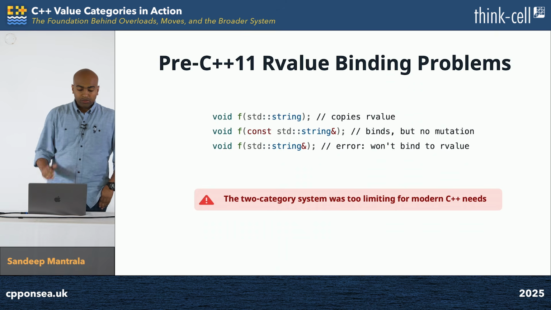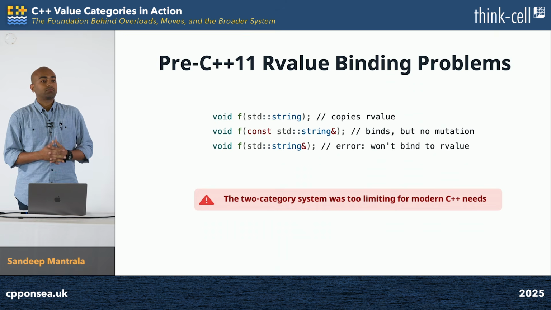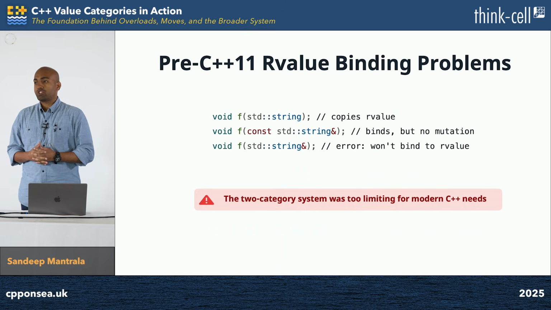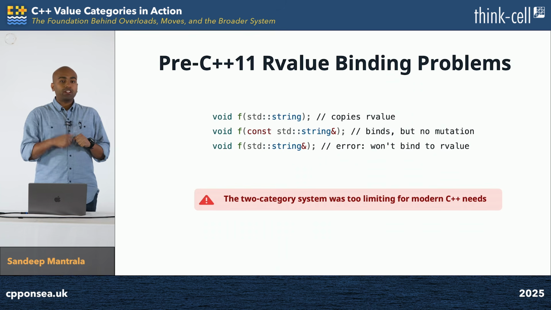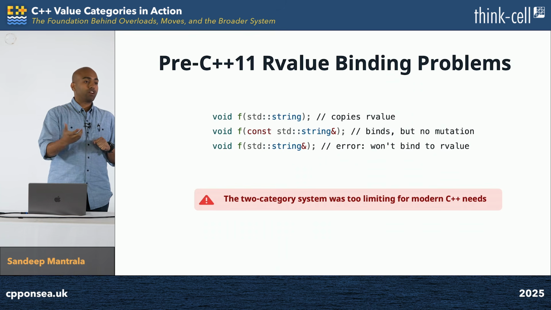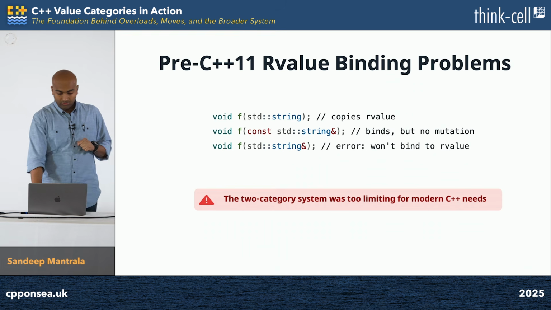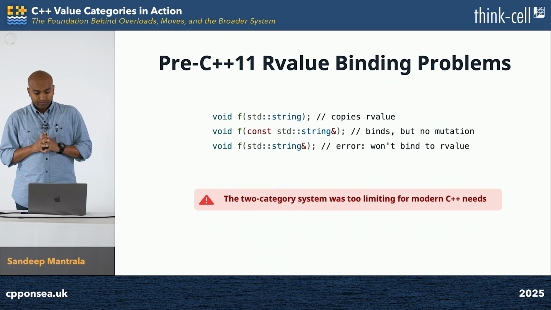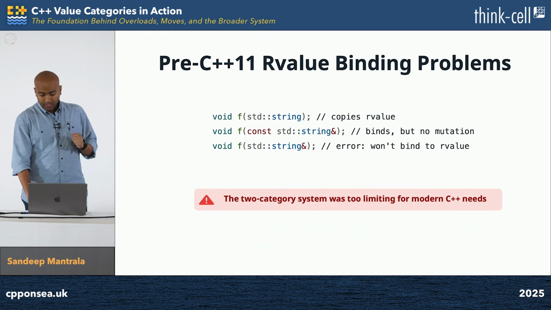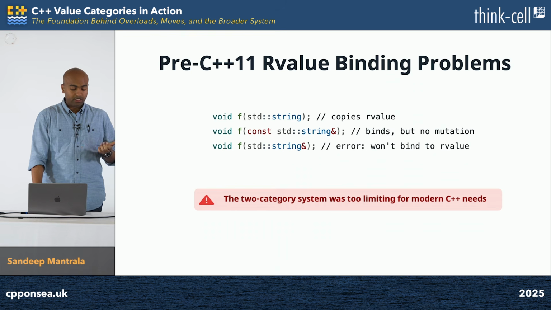So prior to C++11, this was a bottleneck which was preventing us from binding to temporaries or expiring values and stealing the resources from there. The two category system was limiting us from achieving things like move operations.